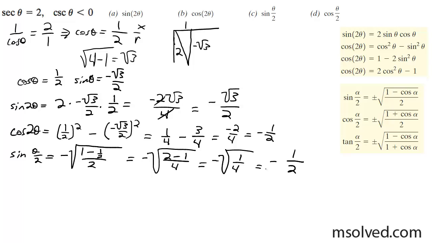In our next portion, cosine of theta divided by 2, it's going to be a positive value. Let me see here.